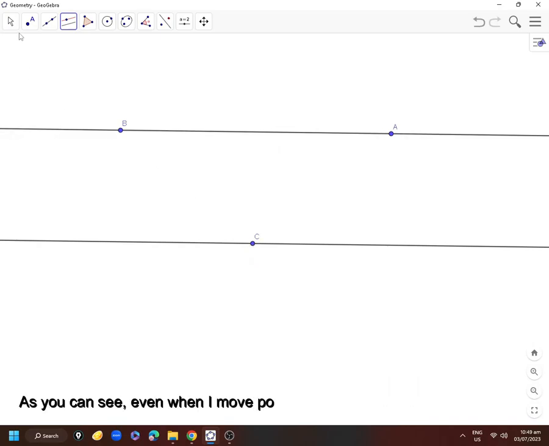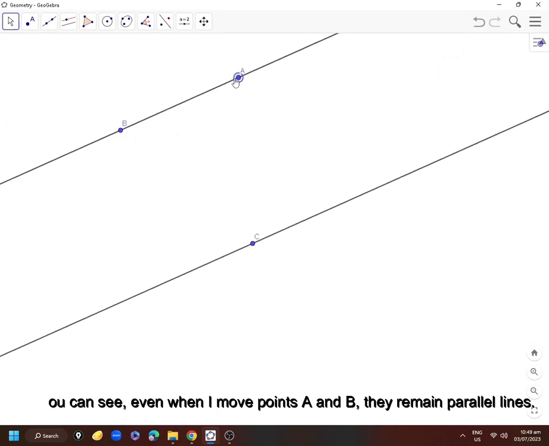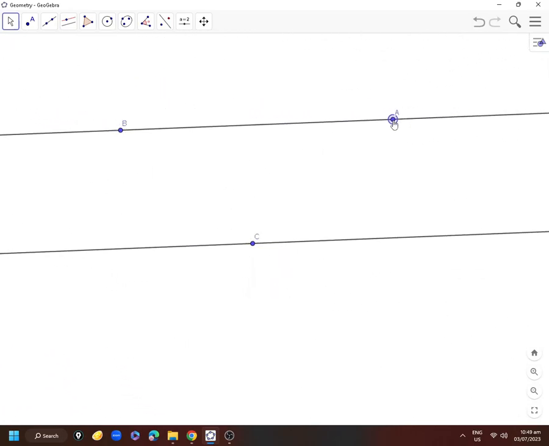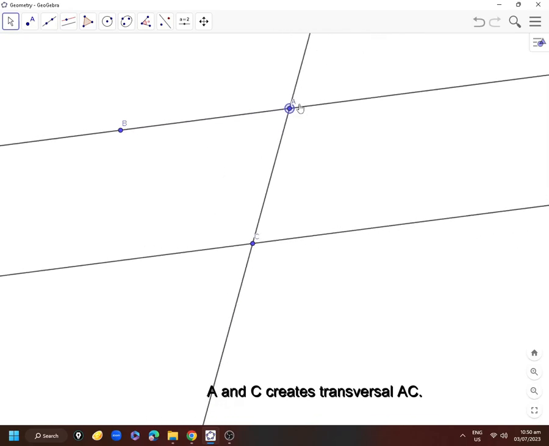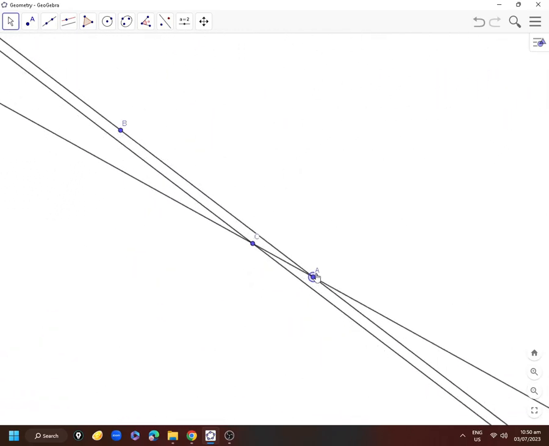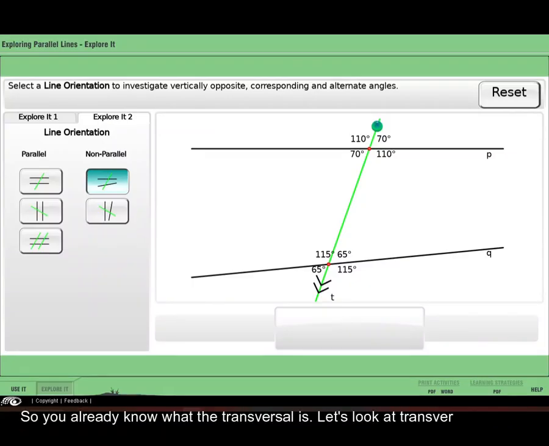As you can see, even when I move points A and B, they remain parallel lines. Connecting A and C creates transversal AC. So you already know what the transversal is.